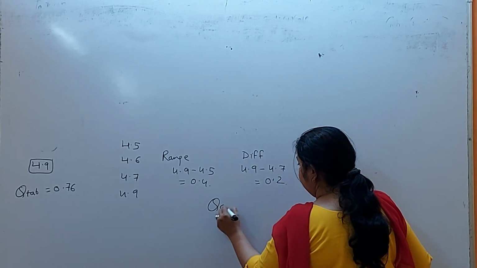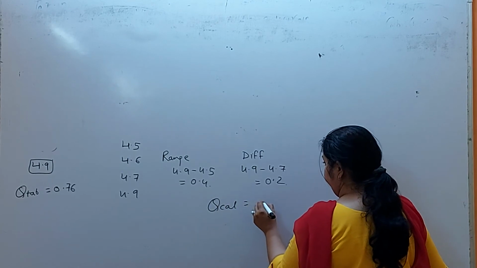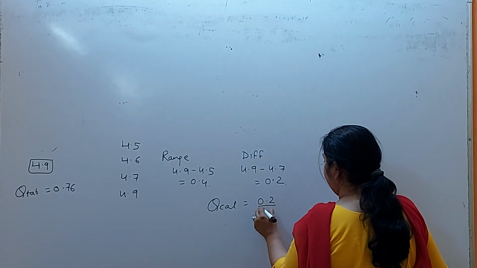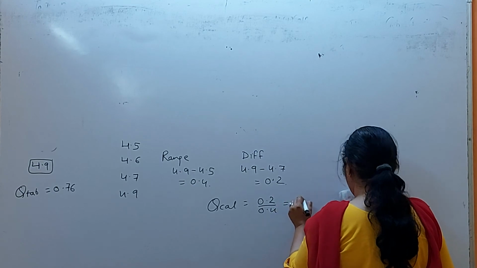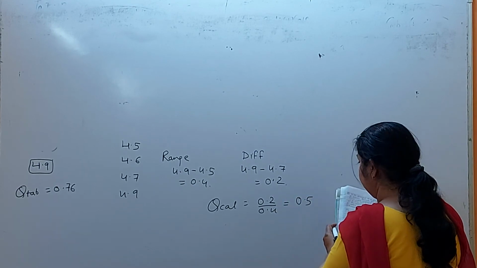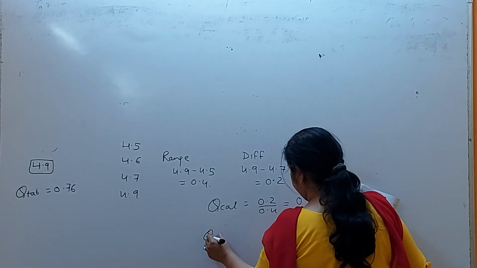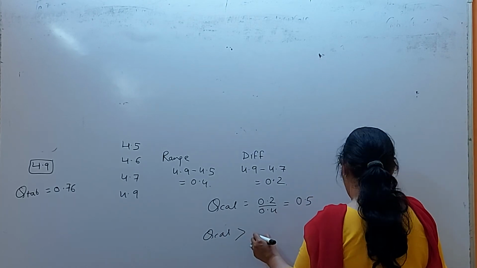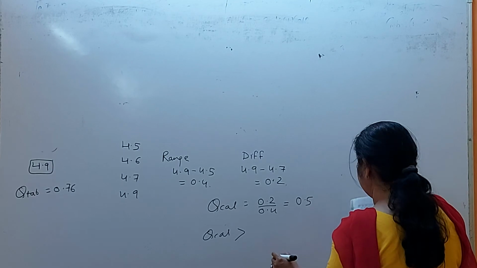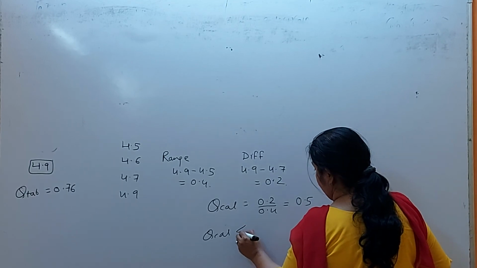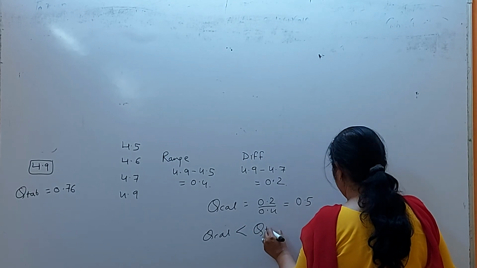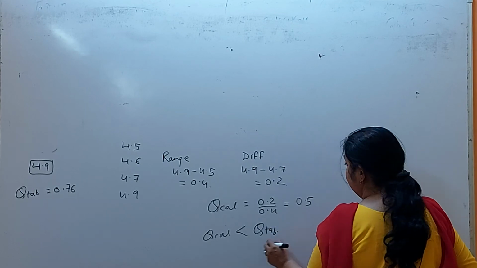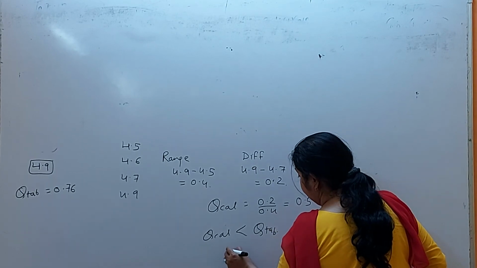So Q calculated is 0.2 divided by 0.4, which is 0.5. Q calculated is less than Q tabulated, hence the value is to be retained.